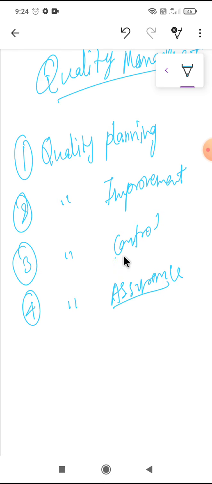So we have seen two of these components, that is QC and QA. Planning means to create a plan or schedule to ensure the quality, and improvement means after ensuring a level of quality, how we can improve that quality.